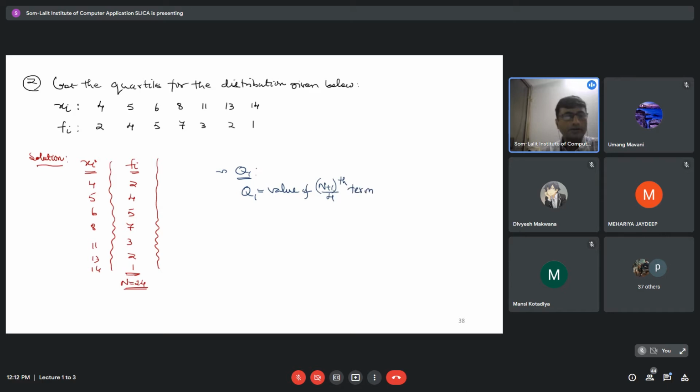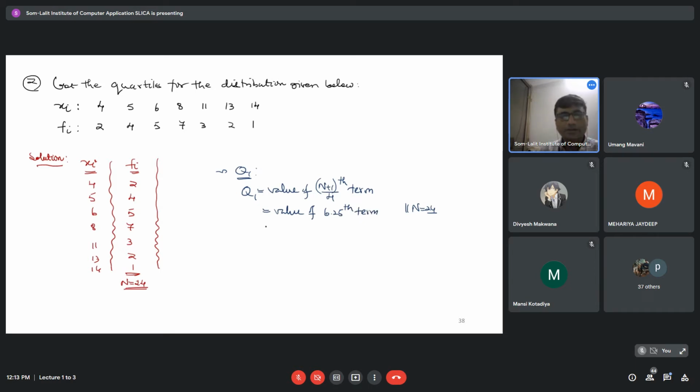This gives us a position, remember. Now what is n? n is 24. So 25 by 4. So it is the value of which observation? The 6.25th term.